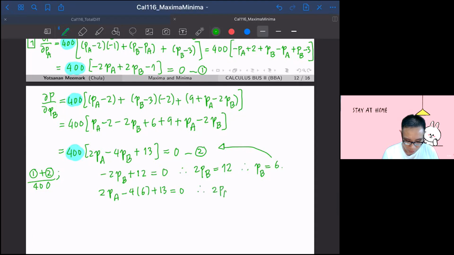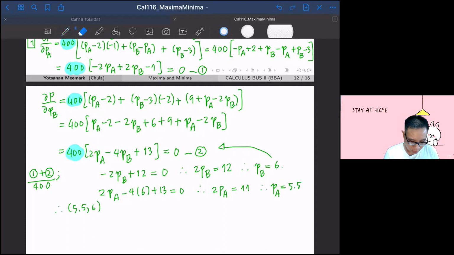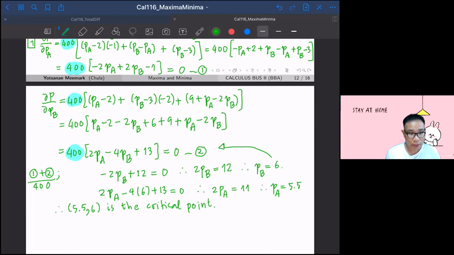So you get 2PA equal to 24 minus 13, so it's going to be 11. So you have PA equal to 5.5. So the critical point is (5.5, 6). This one will be your critical point.